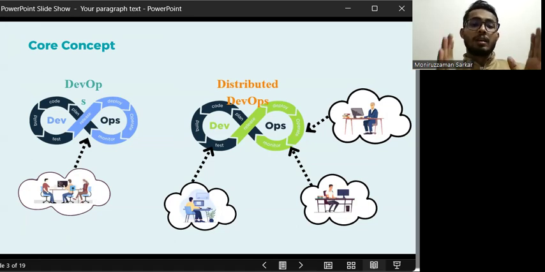So, as they work in different regions and time zones, there is a chance of issues occurring like misunderstanding or miscommunication, lack of accountability, and security risk.